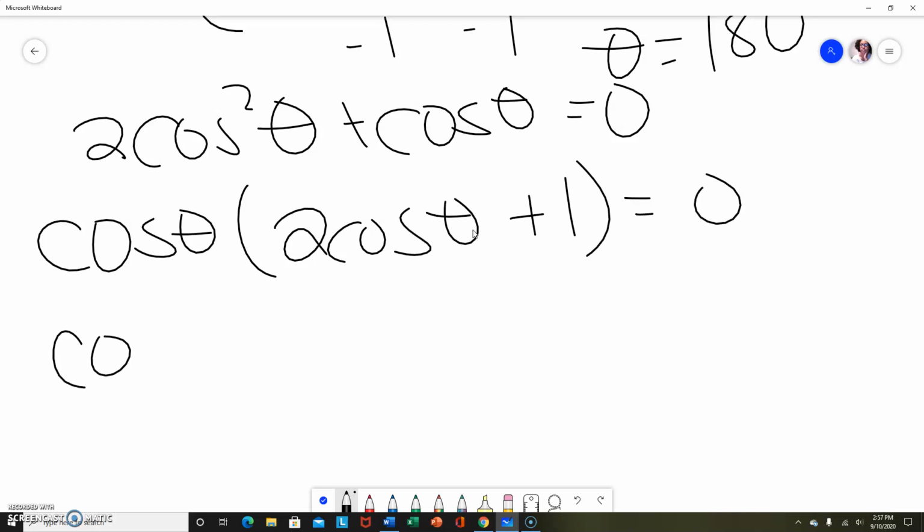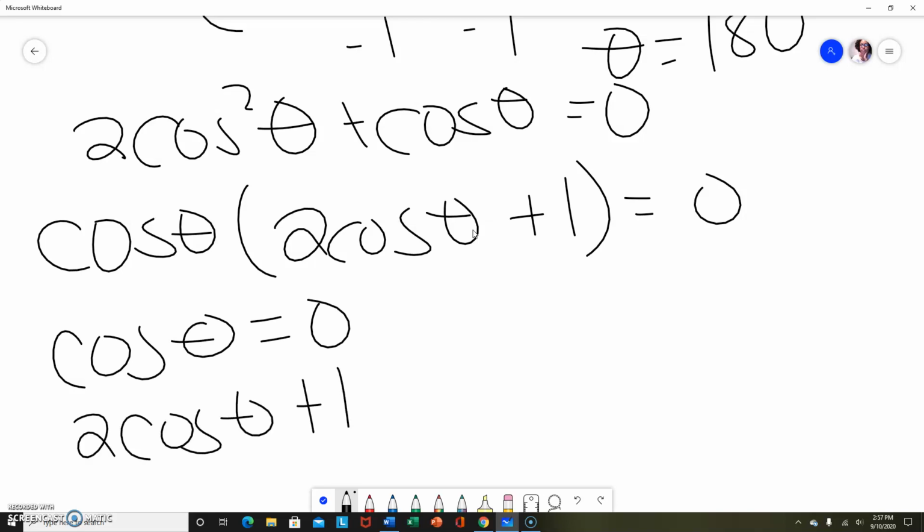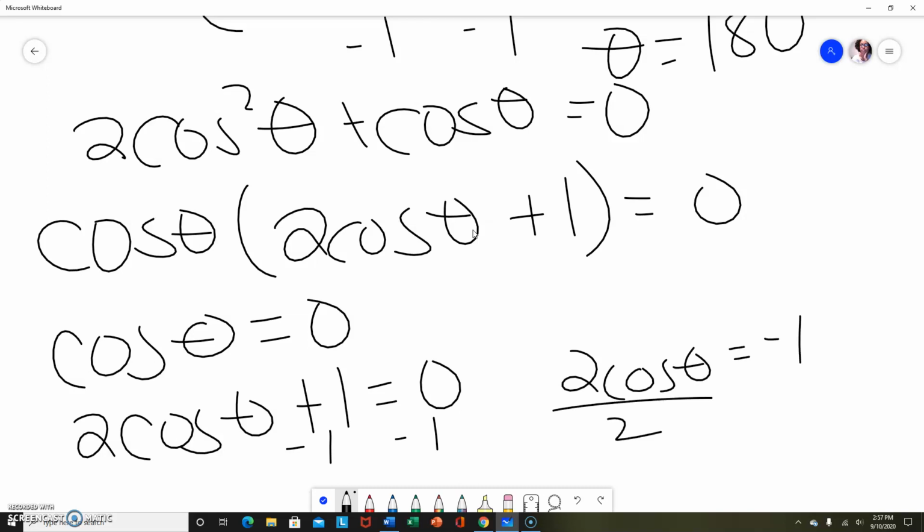And so I set cosine theta equal to 0, and I set 2 cosine theta plus 1 equal to 0. And so this one I have to solve, and I get 2 cosine theta equal to negative 1. Divide both sides by 2, and I get cosine theta equals negative 1/2.